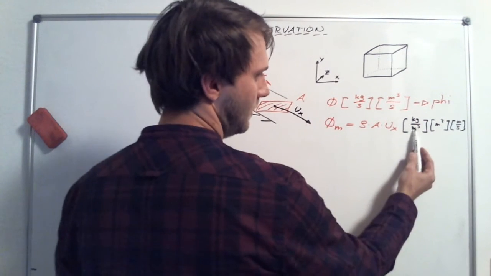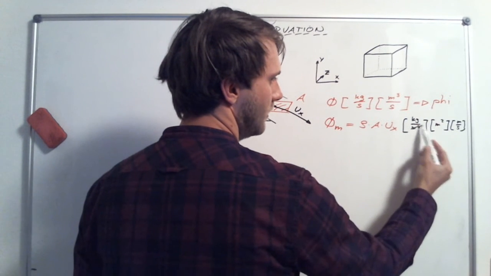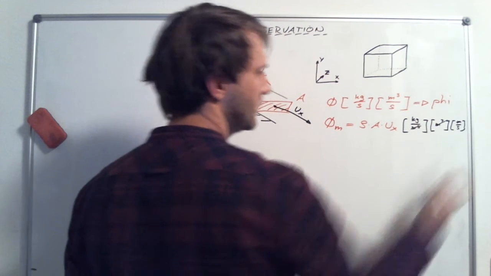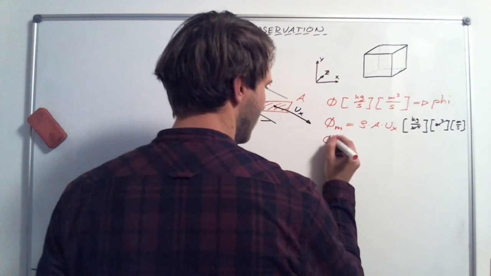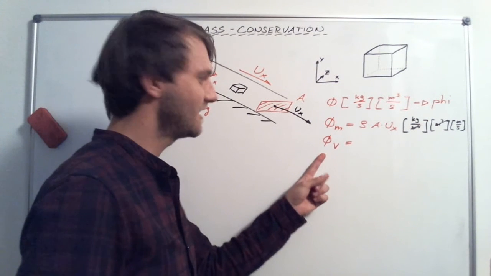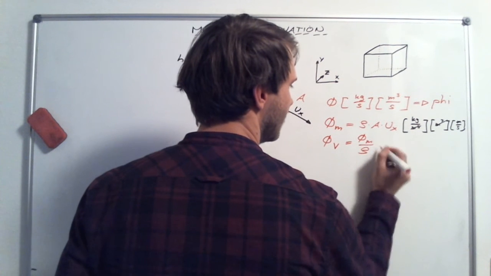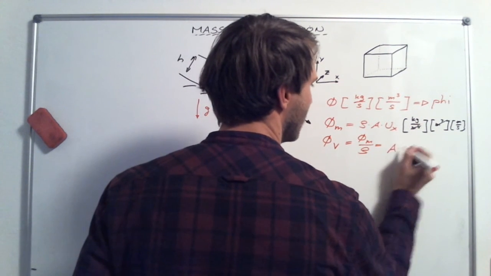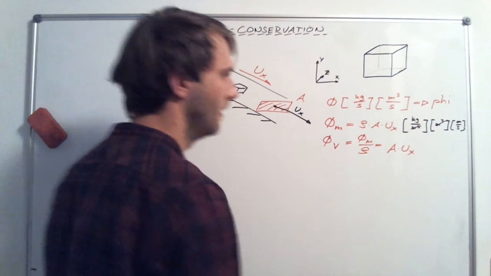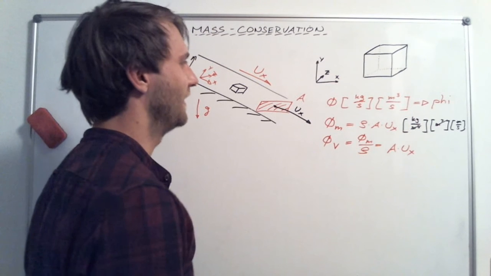The cubic meter cancels out and we end up with kilogram per second. And the volumetric flux is simply the mass flux divided by the density, and we end up with the area and ux. And I will demonstrate that the units are fine.